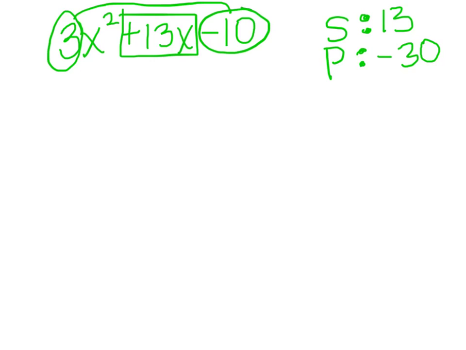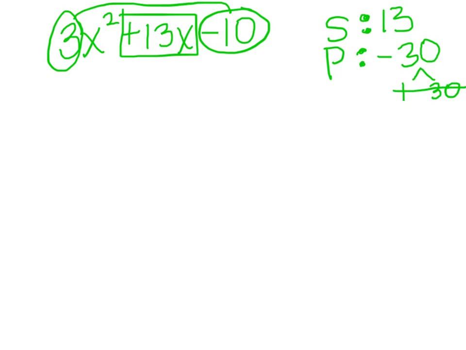Now there are a lot of factors of 30. If our product is negative 30, one of the numbers needs to be negative. So let's start with 1 and 30. One of the numbers needs to be negative and it needs to add to 13. Whether the 1 is negative or the 30 is negative, they will not add to 13.